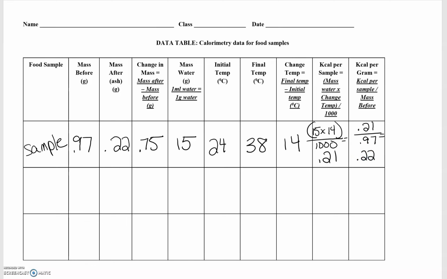So this value right here is the amount of energy in kilocalories per gram of our sample of food. These are the numbers that you're going to use to compare the different foods and how much energy was released in each of those foods.